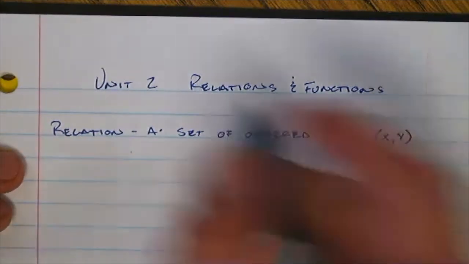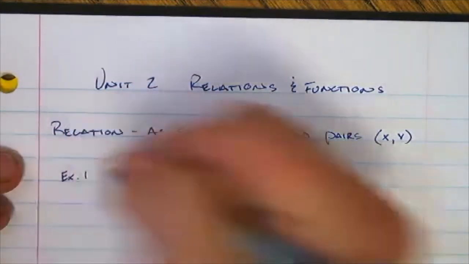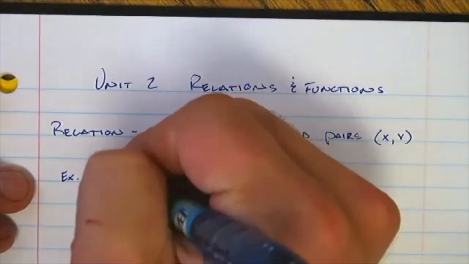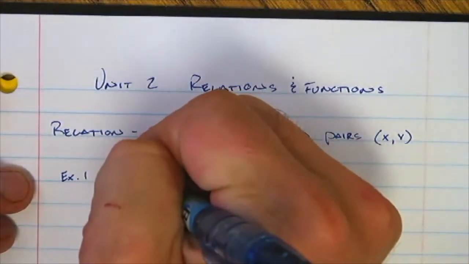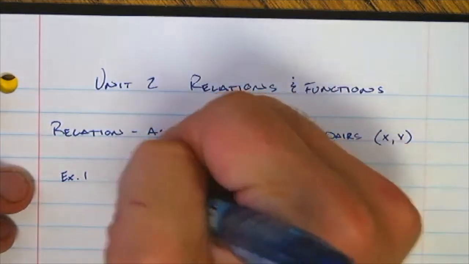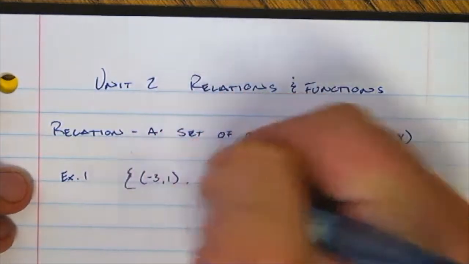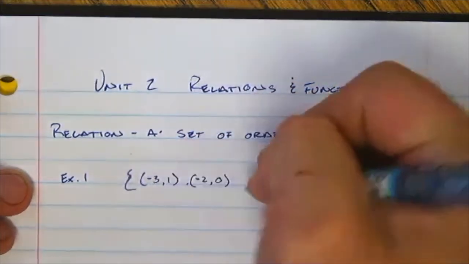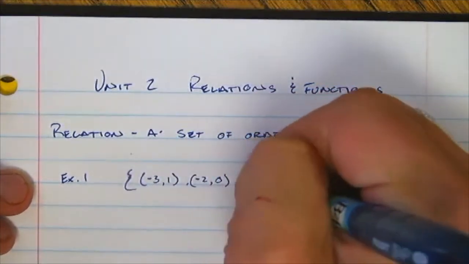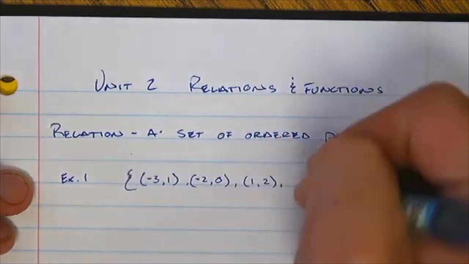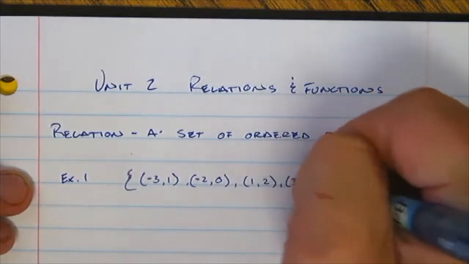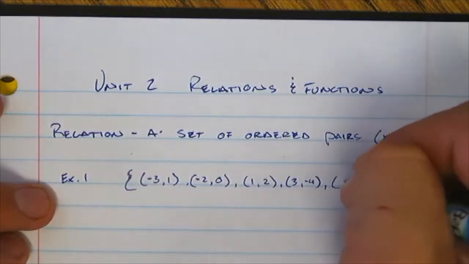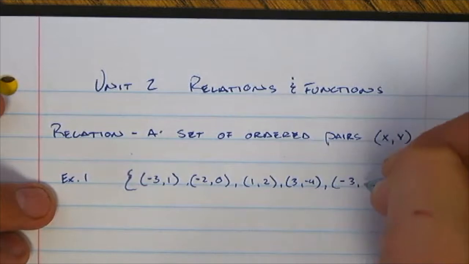So, example 1. We'll have our list first. This would be the first way you might see them, in no particular order. We've got (-3, 1), (-2, 0), (1, 2), (3, -4), and (-3, 5).